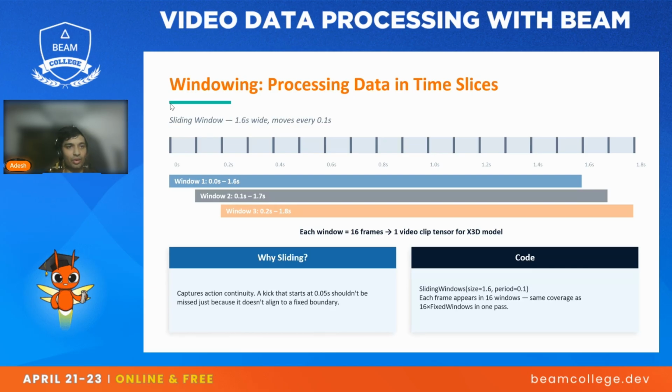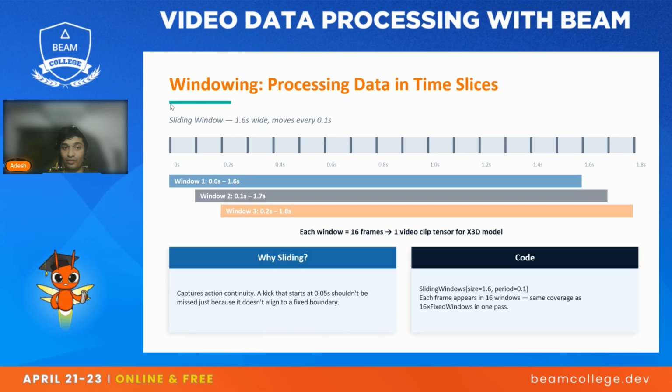As you look at the screen, 0.1 second segments are being created. Each frame is attached with a 0.1 second timestamp. So 0 is the first frame, 0.1 second is the second frame, 0.2 second is the third frame, 0.3 is the fourth frame, and so on. For example, on the screen, window 1 is from 0.0 second to 1.6 seconds, so it will have 16 frames in the window.